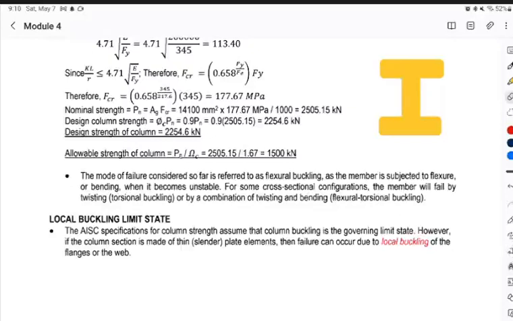Yung naka-I. So, sabi dito, however, the column section is made of thin slender plate elements, then the failure can occur due to local buckling of the flanges or the web.